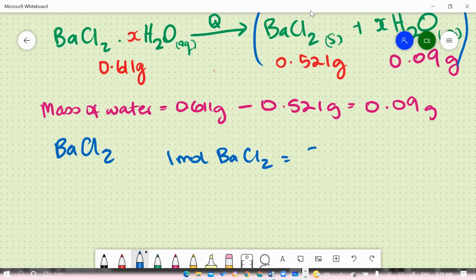I was saying that because I use four significant figures for barium, I was going to use four significant figures for chlorine, which would be 35.45, and twice that amount would be 70.9 since you have two chloride atoms in BaCl2. When you add everything together now, you're supposed to get 137.3 plus 70.9.